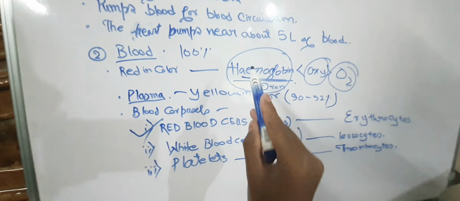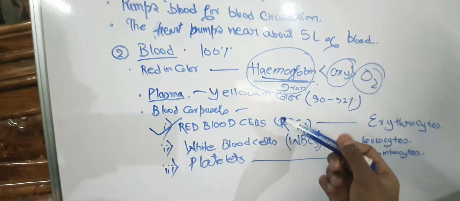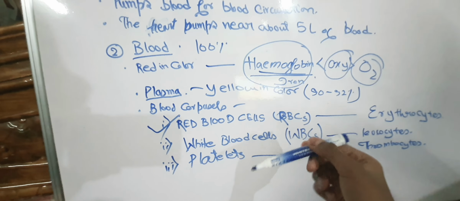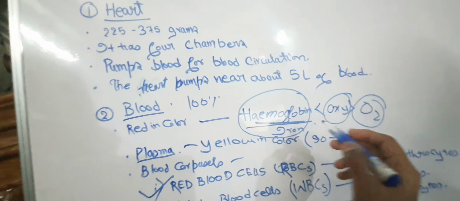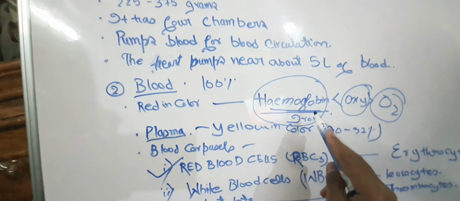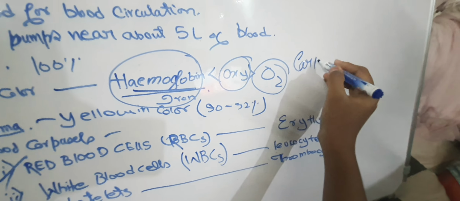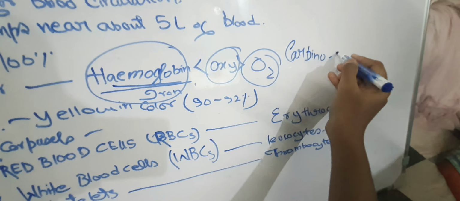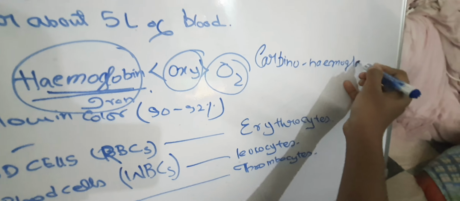It goes to each and every part of the human body and gives it oxygen, and the body part utilizes the oxygen and gives out carbon dioxide. Then the carbon dioxide reacts with hemoglobin to form carbinohemoglobin.